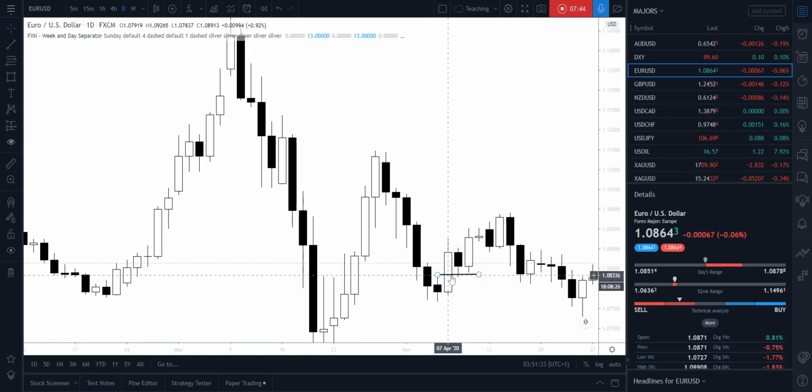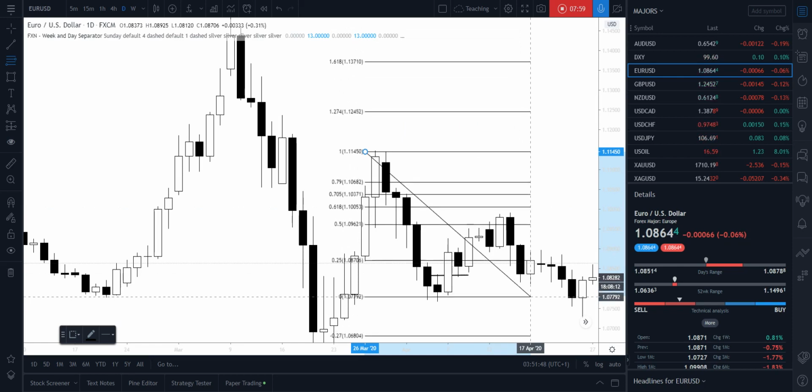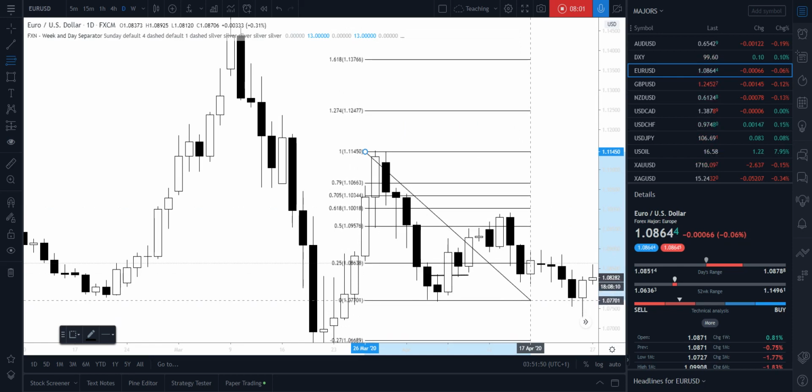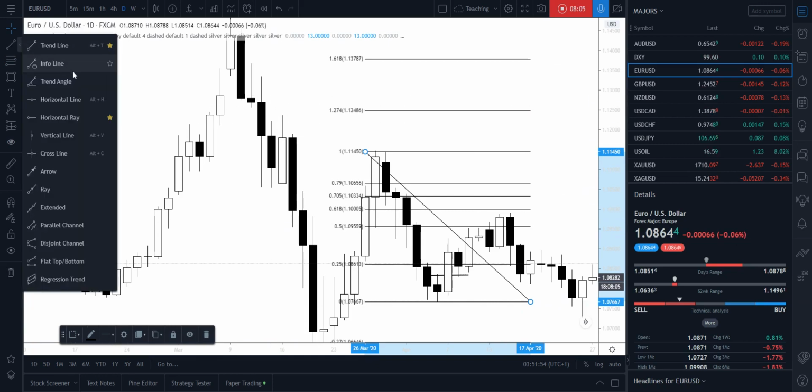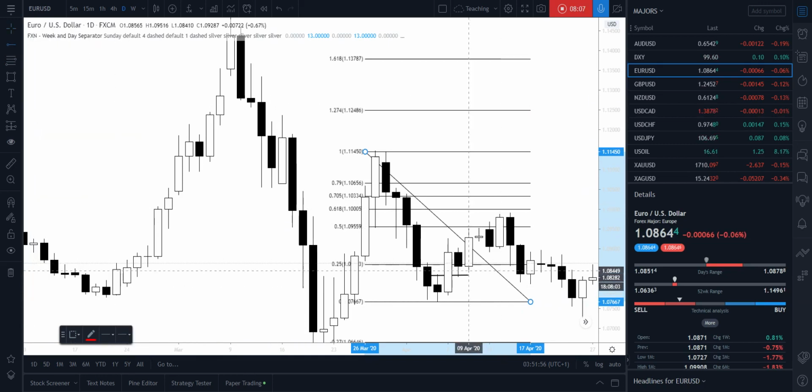Okay, on the lower time frame we traded above that high. So what I did was I pulled my Fibonacci and I measured from this high to that low right there. Okay, and I drew a line in the middle right here like that.